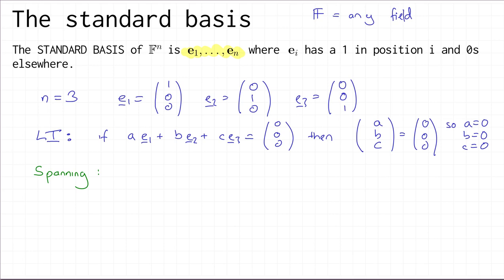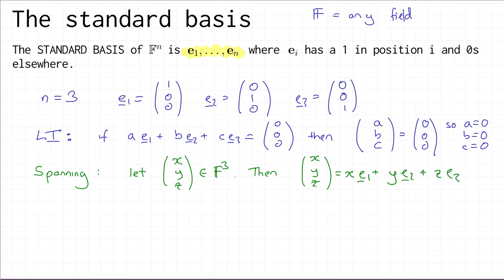So just take anything, any vector (x, y, z) in F cubed. No matter what F is, it doesn't matter. Then this vector (x, y, z) is of course the same as x times e1 plus y times e2 plus z times e3.